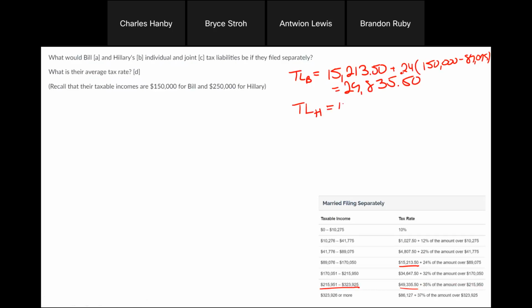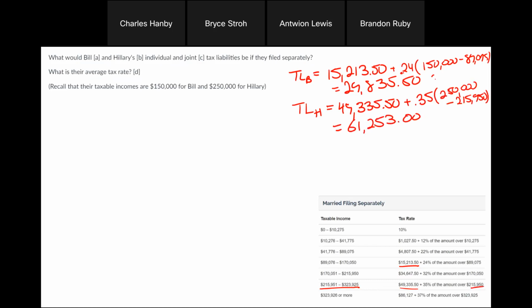So 49,335.50 plus 0.35 times the 250 minus 215,950. Okay, so that is $61,253.